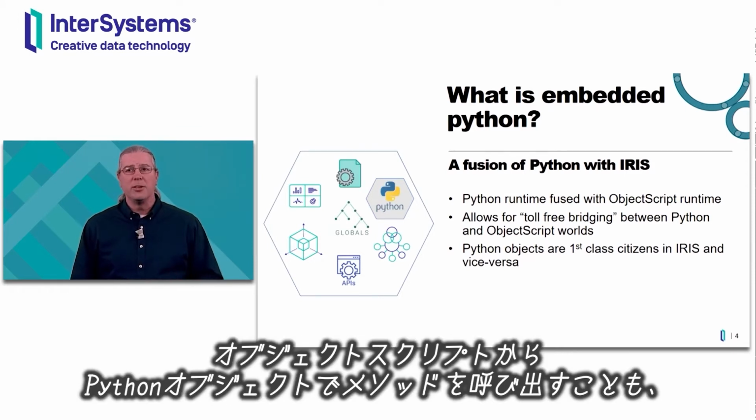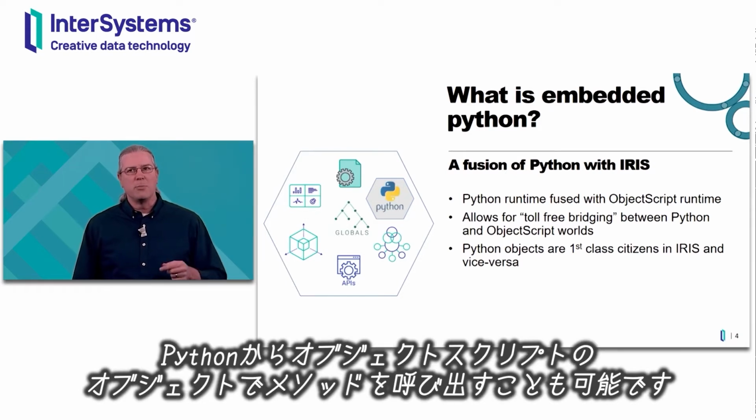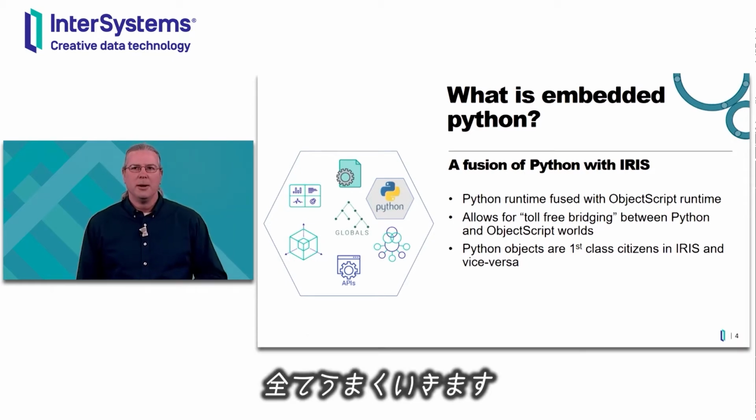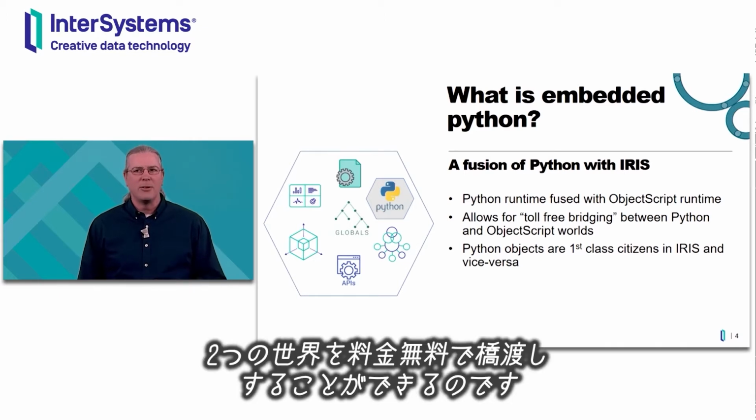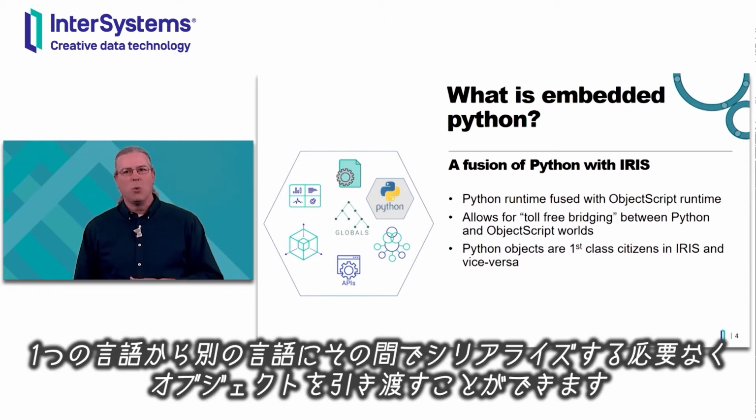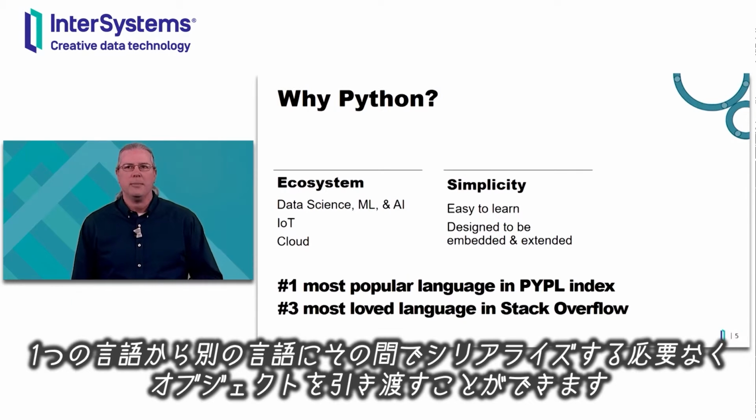You can invoke methods on Python objects from ObjectScript, and you can invoke methods on ObjectScript objects from Python. It all just works. Having both runtimes together allows for what I call toll-free bridging between the two worlds. You can pass objects from one language to another without having to serialize them in between.